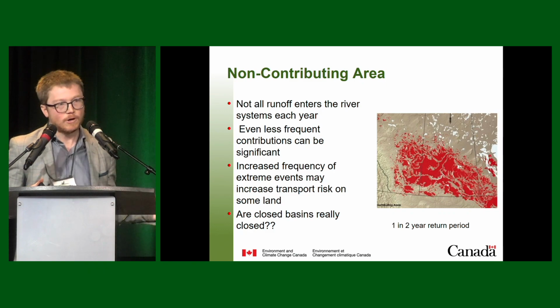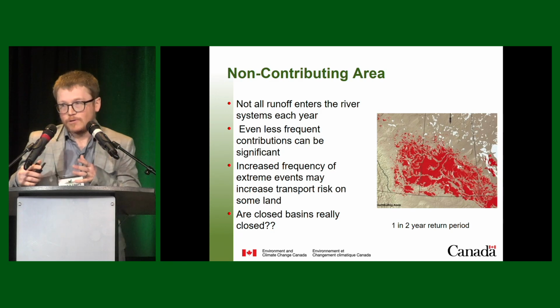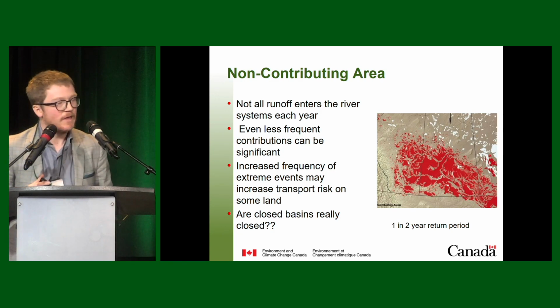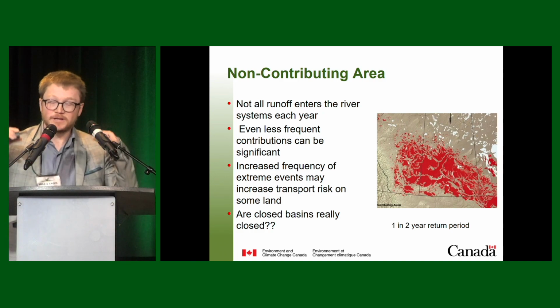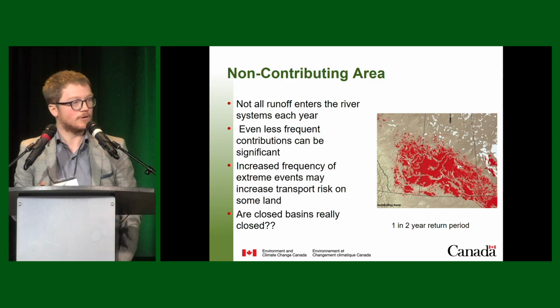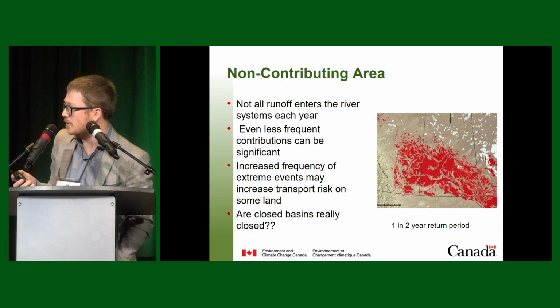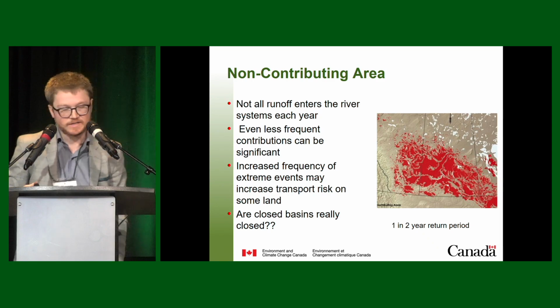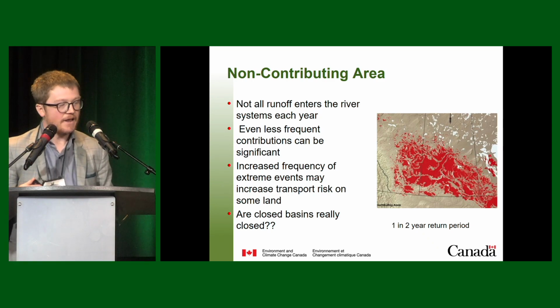So in our prairie pothole region of the Canadian prairies, of course, we have these potholes distributed throughout the landscape that are not hydrologically connected until they fill and then subsequently spill across the landscape. What we see in the image here is that the red area is the non-contributing area in a 1 and 2 year return period, so this is every other year.